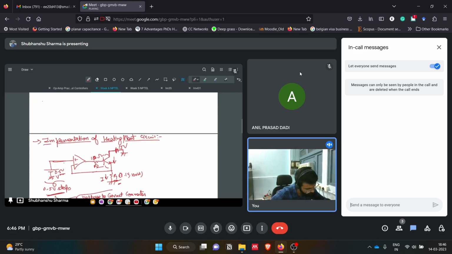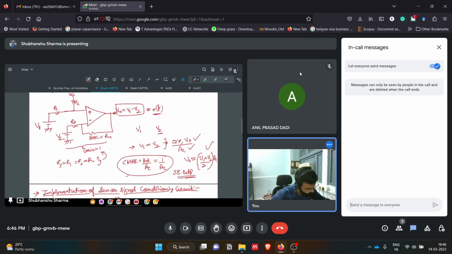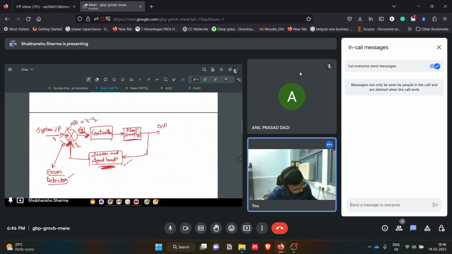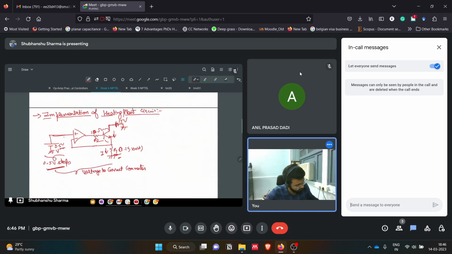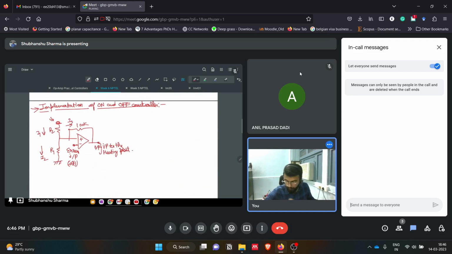So as we can see in this block diagram, we can also use one signal conditioning circuit after this, as we are getting some voltages like this.